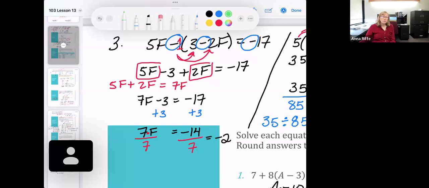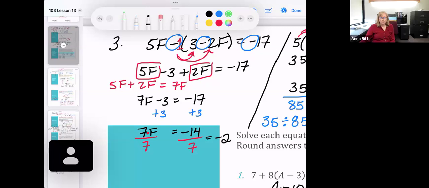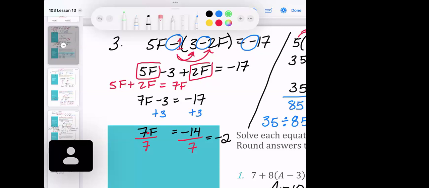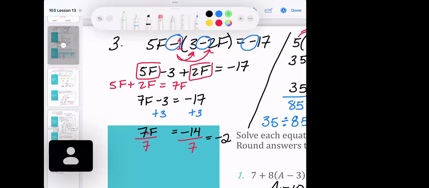You can't do anything else until you get rid of that, and then you start going in the reverse after you get the variables combined, whichever way they are. Even if there was a multiplication and a division in there, because I know these can get more complicated, you're still going to combine the variables first with the sign that's to the left of them, before you get it down to the next simple step.